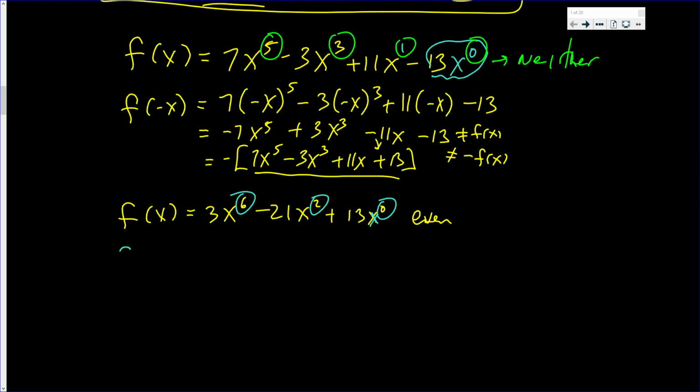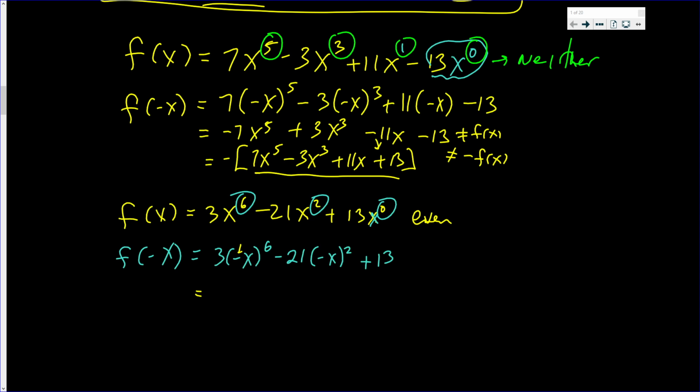And if you wanted to, you can verify it. Yes, 3 times negative x to the 6 minus 21 times negative x squared plus 13.